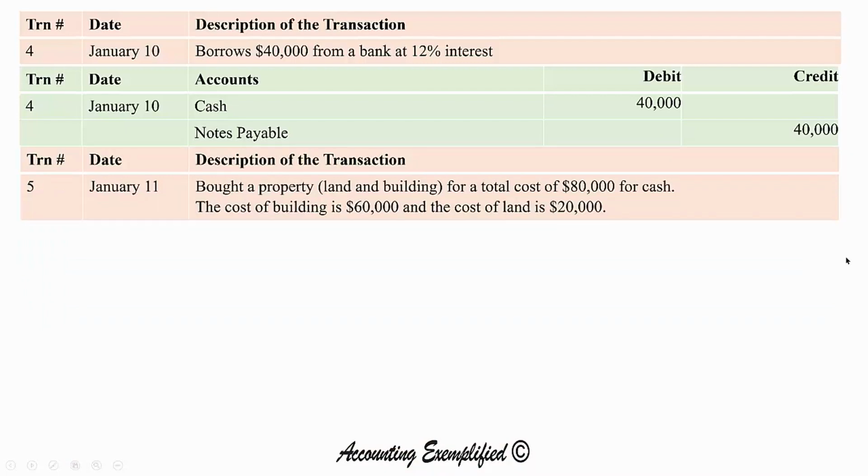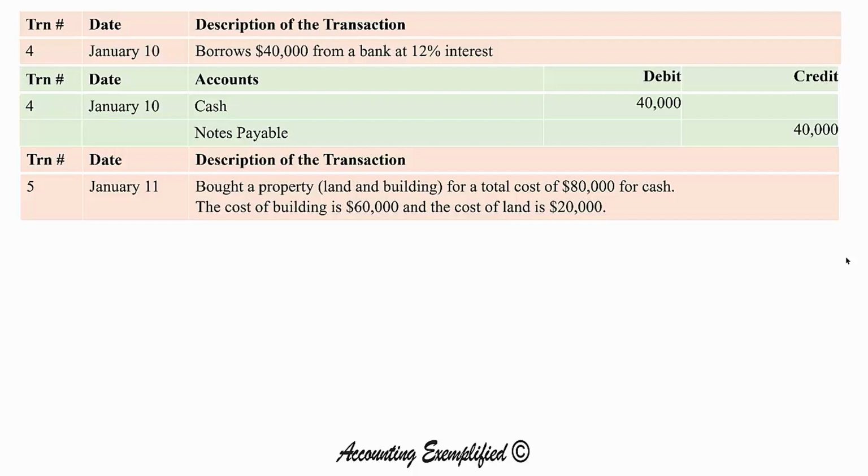Next one, number 5, on January 11th, the company bought a property which includes land and building for a total cost of $80,000 cash. Now, here, the building's cost is $60,000 and the land cost is $20,000. So here we have more than 2 entries.